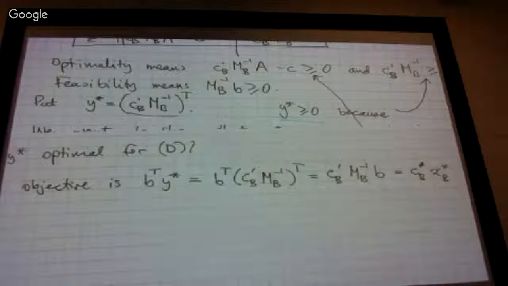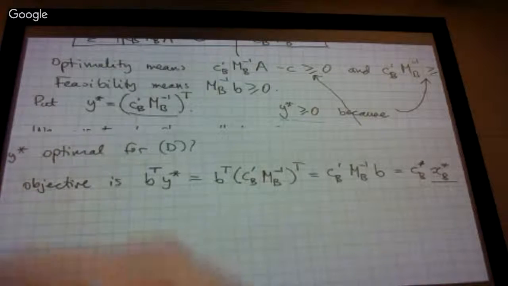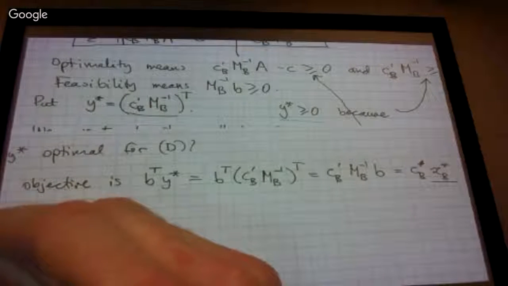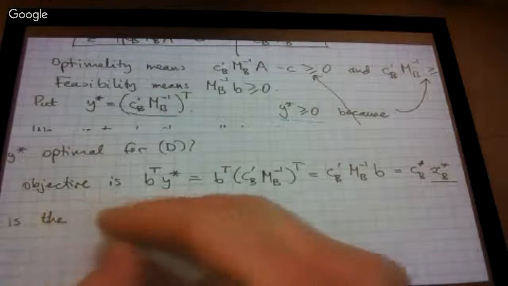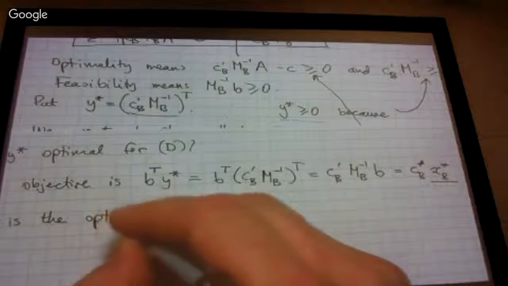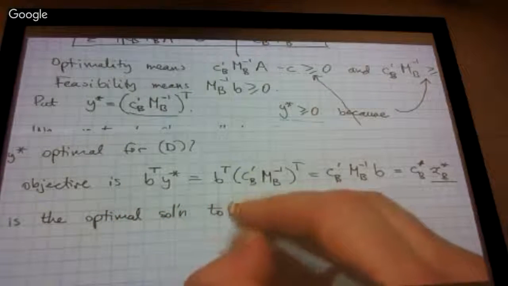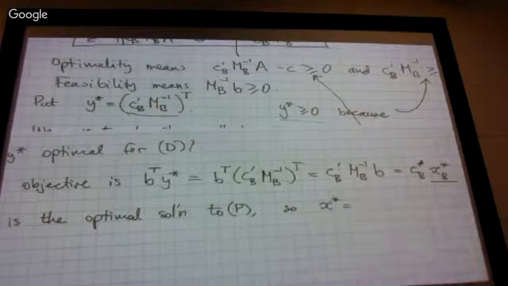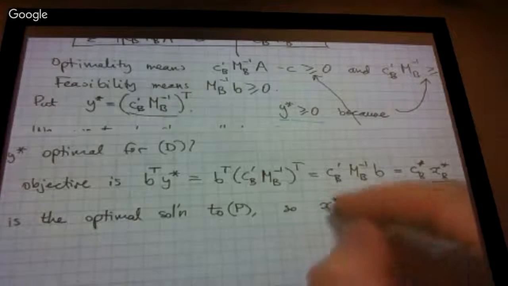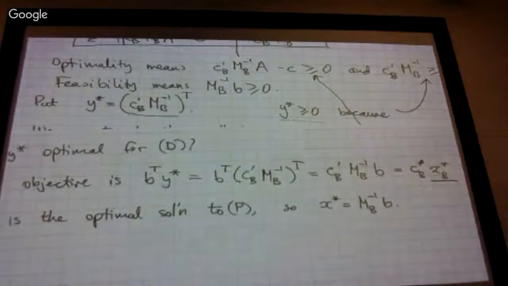What's this? Well, it's kind of like the vector of, is the optimal solution to P. Next star we get from the tableau where there was MB inverse B, except we have to pad it with zeros for suspenders.